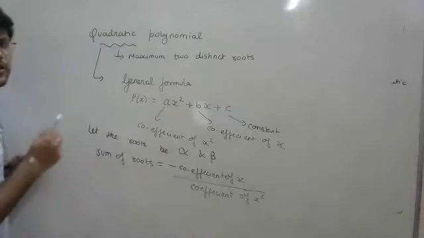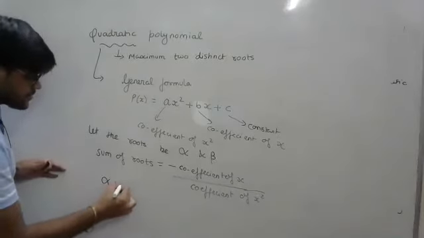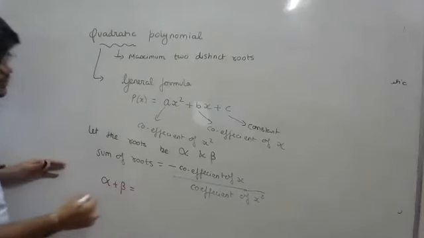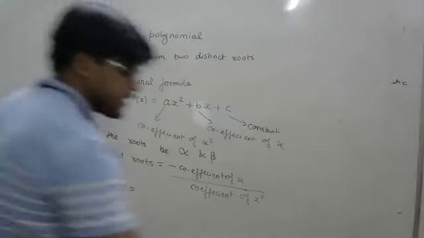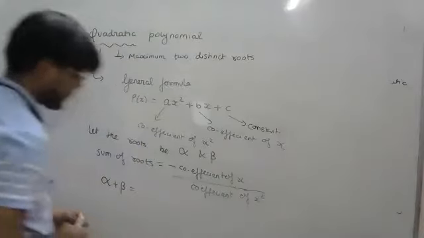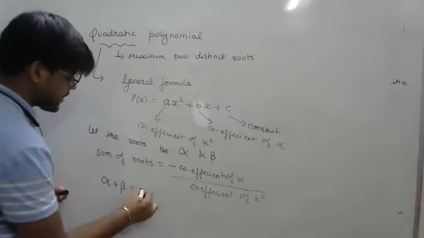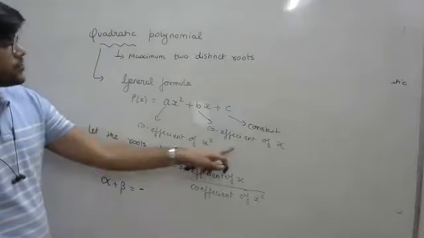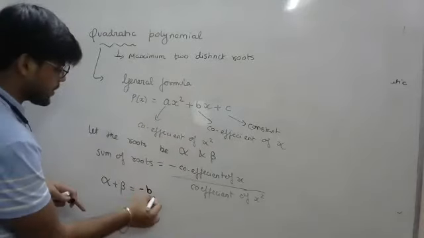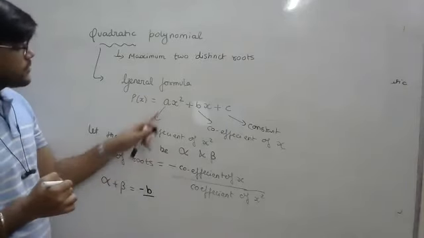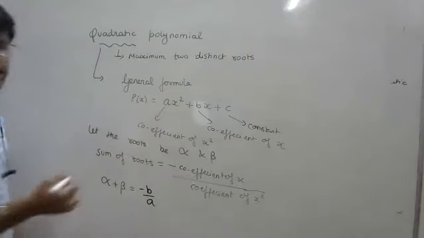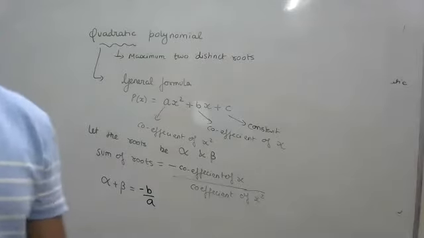Alpha and beta. Their sum, alpha plus beta, I'll also prove the relation, don't worry, but first understand the relation, then we'll prove it. Alpha plus beta is equal to minus the coefficient of x, which is b, upon the coefficient of x square, which is a. So alpha plus beta is minus b by a.